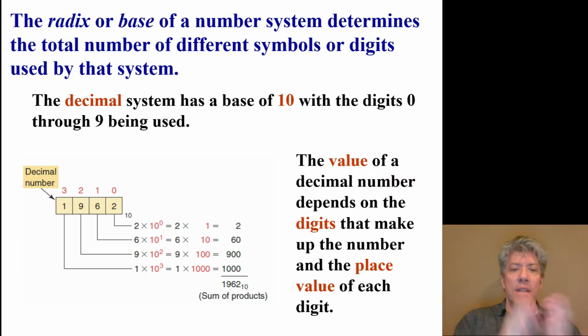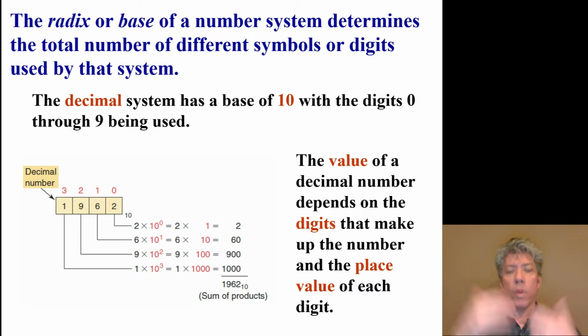So this is the 0th column. The ones place is what I would call the 0 column of the number. The tens place is the 1 column. And the hundreds place is the 2 column, and so on. Now, why do I call it that? Well, because you can calculate the value of each column by simply raising the base, which our base is 10, to the power of the column number or the position.